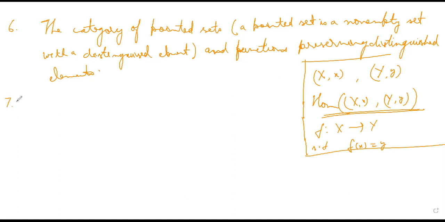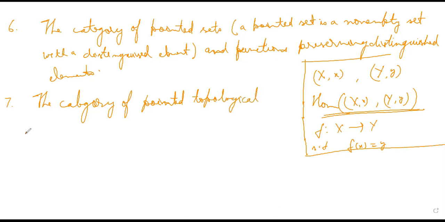Now we have another example of a category. This is the category of pointed topological spaces. What is a pointed topological space?